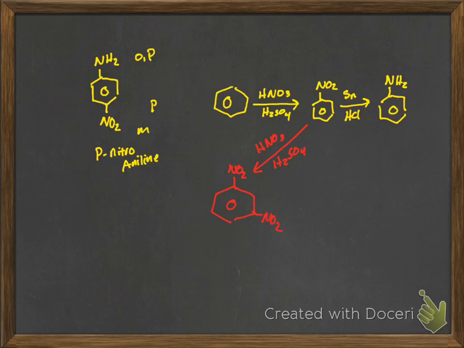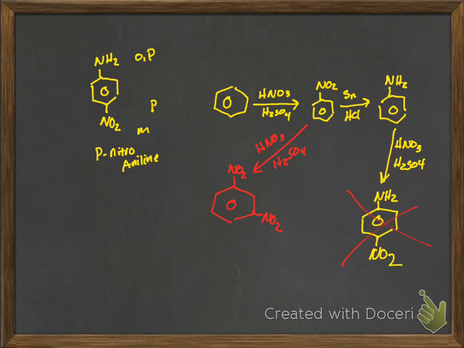Now you get to this aniline, you know that aniline is an ortho-para director because it's in that strong ortho-para director list. And you might think to yourself, well now I'll just nitrate it again and make this. The problem is that will not happen.